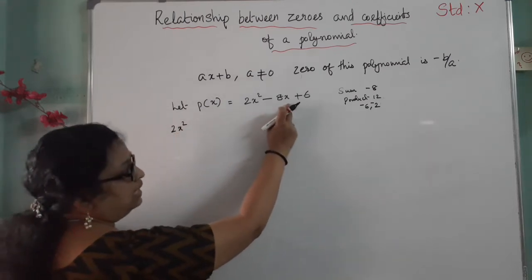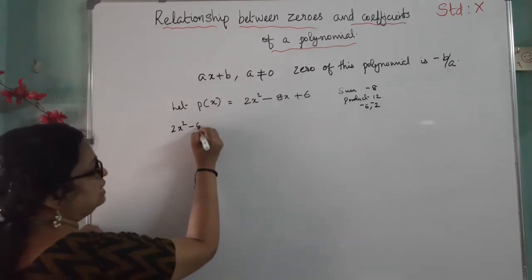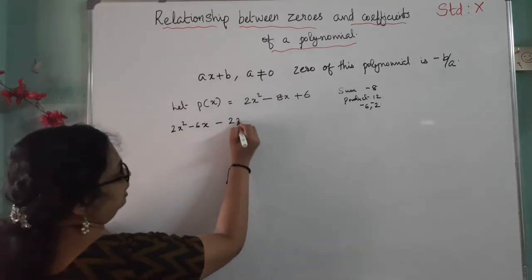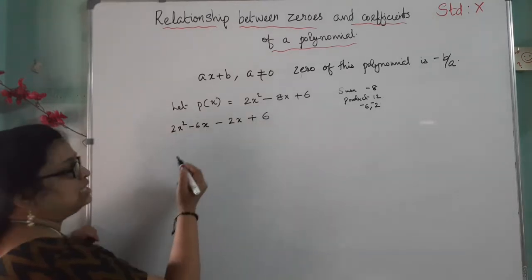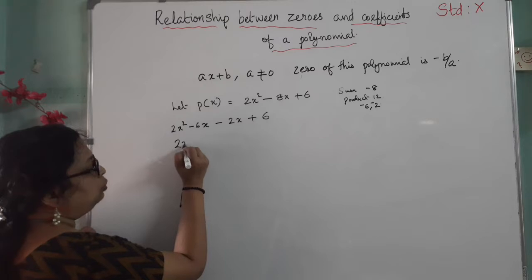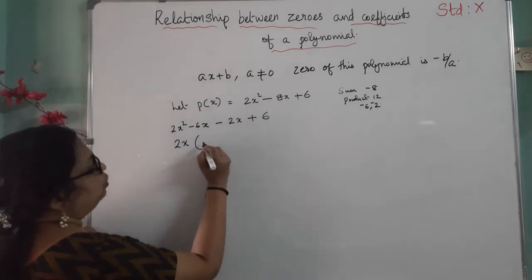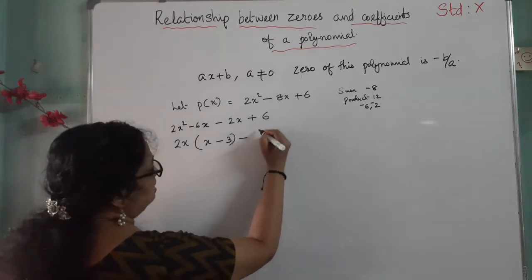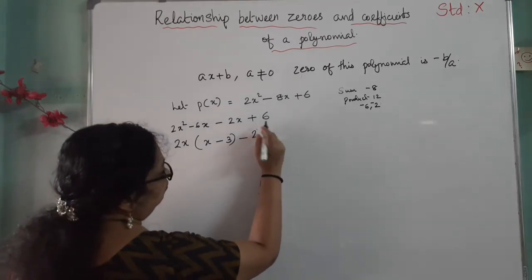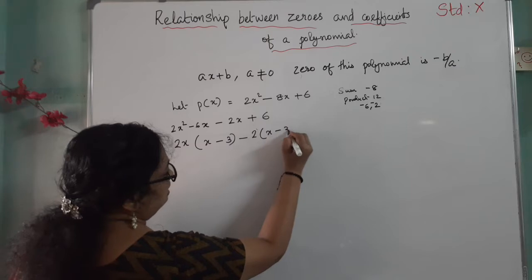Then 2x square, instead of minus 8x we can write minus 6x minus 2x, then plus 6. Then 2x square minus 6x, 2x is common: 2x into x minus 3, minus 2 into x minus 3.